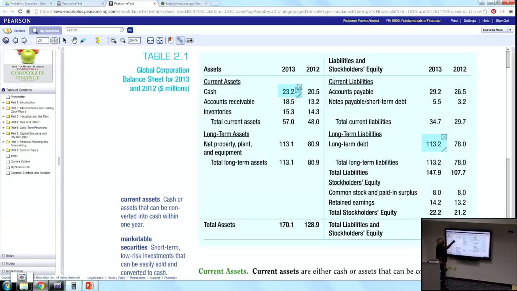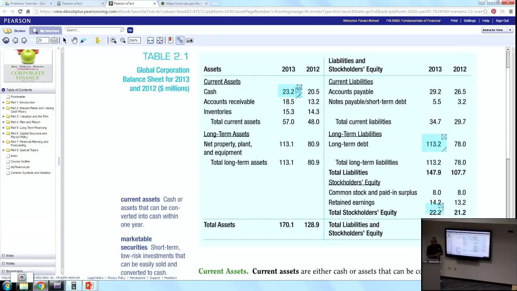So if I draw down 20 million of the cash to reduce 20 million of the long-term debt, I will affect both the left-hand side and the right-hand side of the balance sheet, which means that the book value of my equity will remain unchanged.